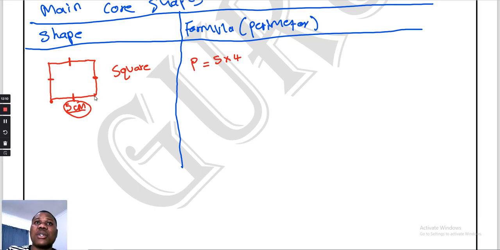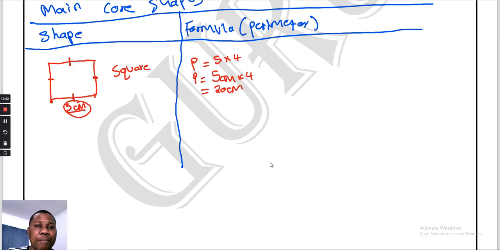So we only need the value of one side. Our one side here is 5 centimeters. We can say 5 centimeters multiplied by 4, meaning that the total distance around this shape is 20 centimeters.